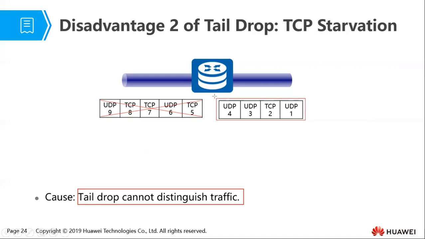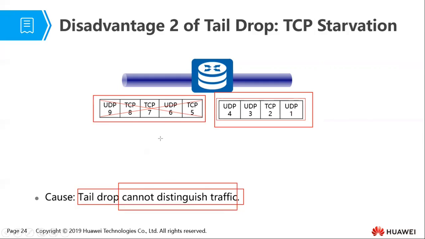It simply drops anything that comes in after the queue is full. So if my queue size is 1, 2, 3, 4, anything that comes after that, I'll simply drop. It cannot distinguish traffic.